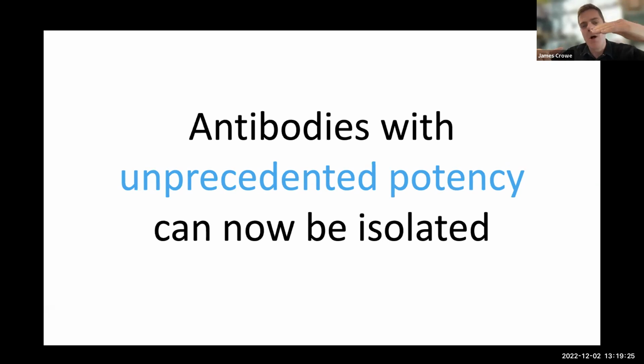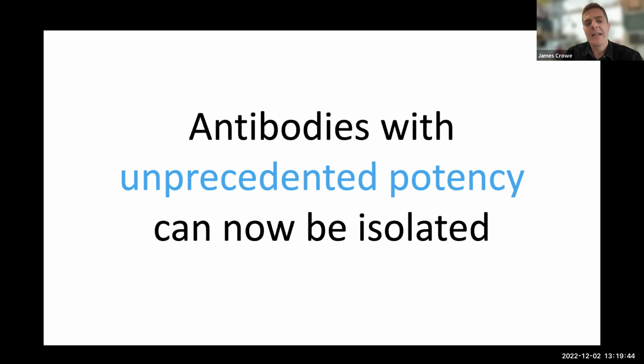We've moved multiple regimes, multiple logarithmic steps in terms of the potency of antibodies that we can get for neutralization. And if you can get an antibody that's ultra potent, then you probably don't need any other effector functions, especially if they're attachment blocking.